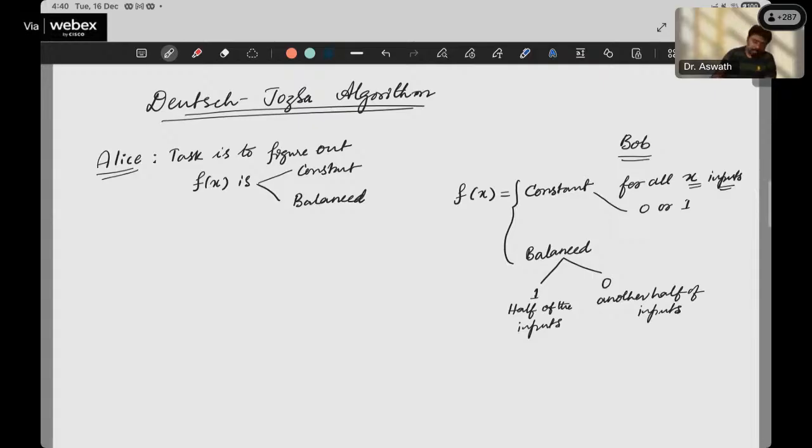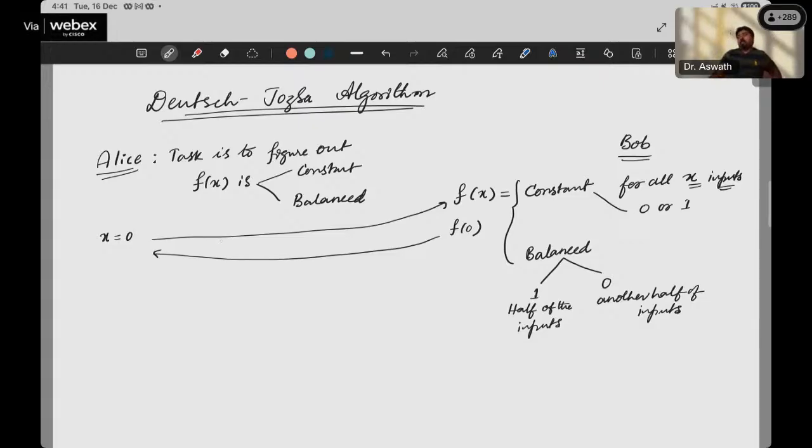So what she does is pick a value, let's say x equal to 0, and send it to Bob. Bob feeds that to the function, gets f of 0, and sends it back to Alice. Let's say one query is one x value going out and one f of x value coming in. Let's say that is one query.